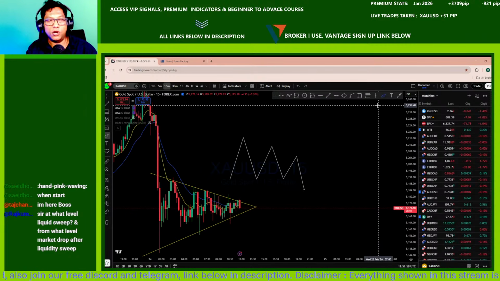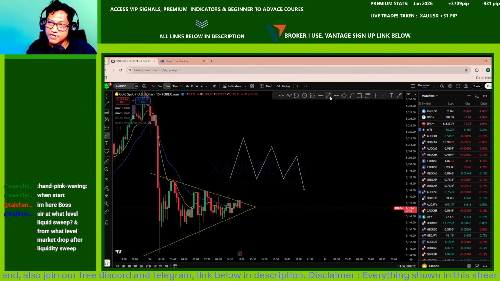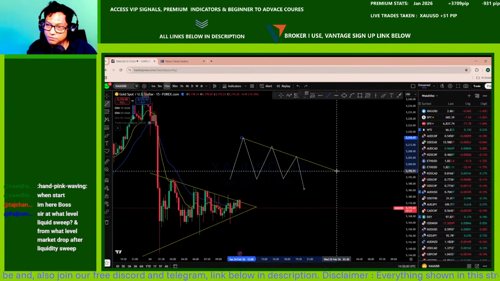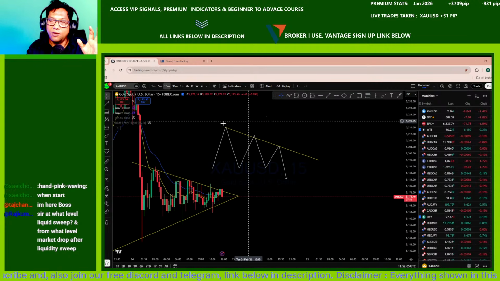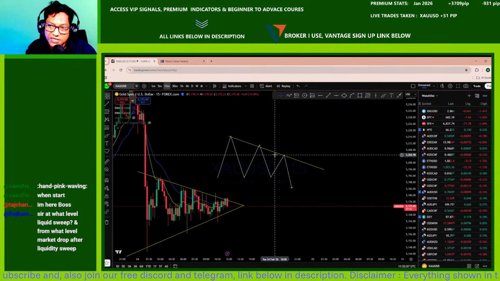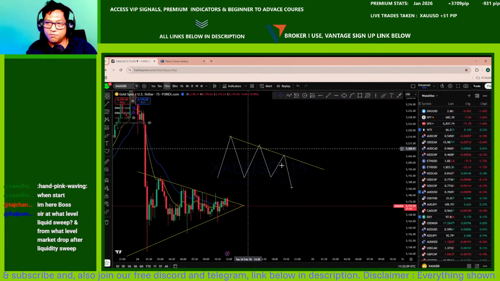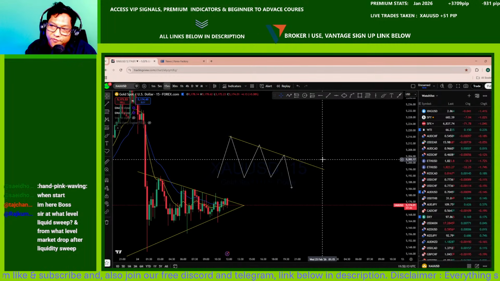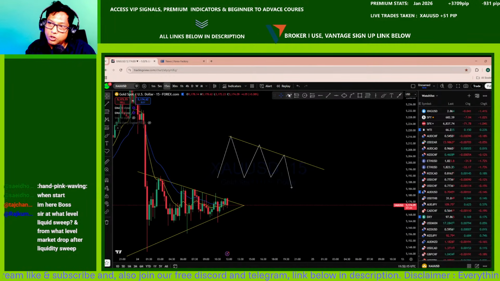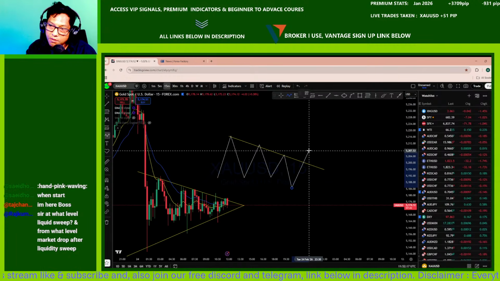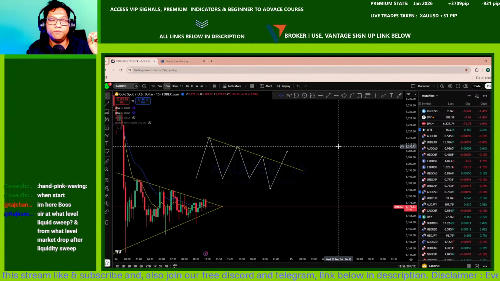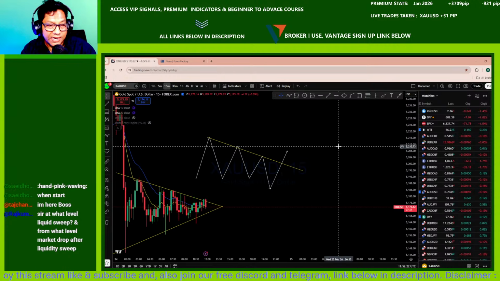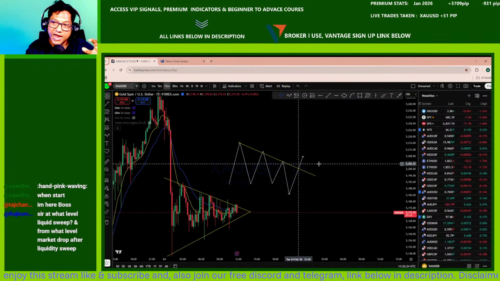It doesn't have to be a horizontal level as long as the market is maintaining that. Once you see the market is respecting this line here, which is the key level, wait for the market to break from that, that means extend from that key level.